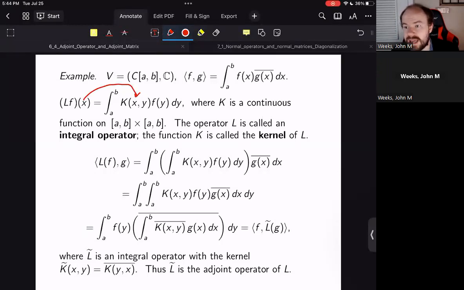There is actually a second component of this kernel. This is a function of two variables here. And then we integrate with respect to that second variable, multiplied times the function, which also has the second variable being plugged in. So this is the example of an operator that we have seen before.